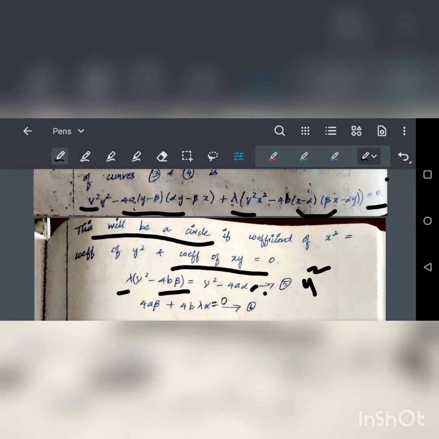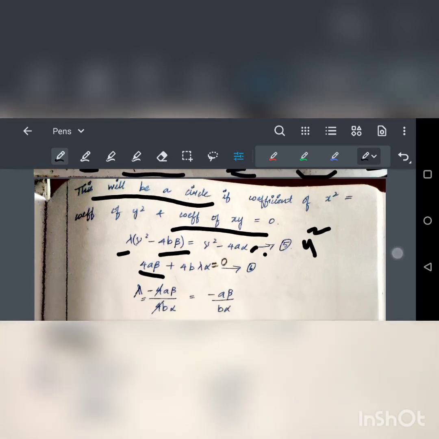So the coefficient of xy, in the sense that here one term is there and another term stands here. Just to combine these two, minus into minus is plus, so 4a beta will be there. Similarly here, minus into minus is plus, 4b alpha lambda is there, that is equal to 0. Our objective is to eliminate lambda, that is, we need to find the value of lambda and replace it back.